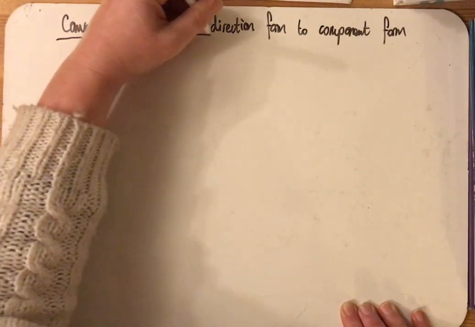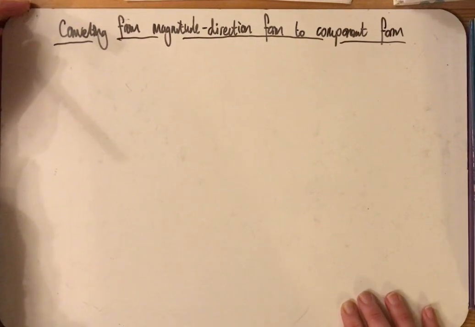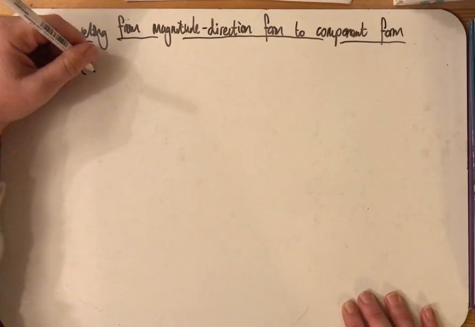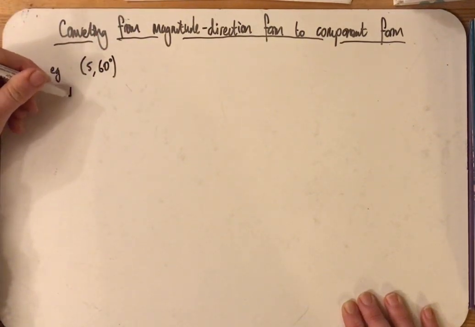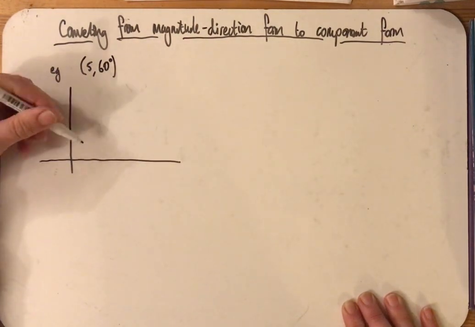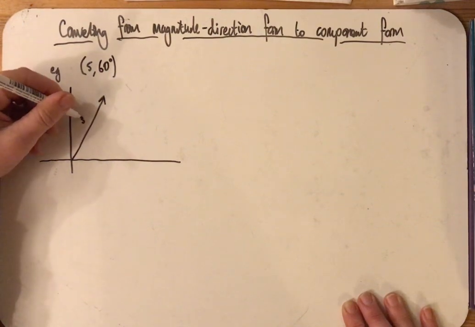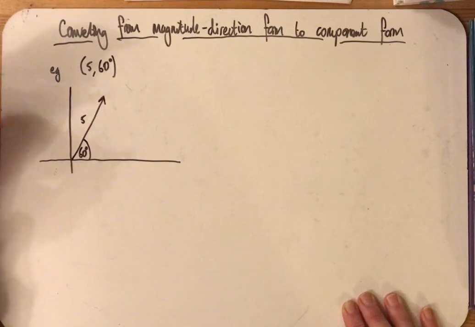For example, if we've got a vector 5, 60 degrees, I'll put it on an axis: it's length 5 at an angle of 60 degrees with the positive x-axis.